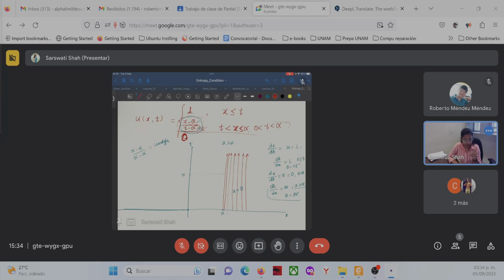So the characteristic emanating from this line is going to intersect at this alpha comma alpha.